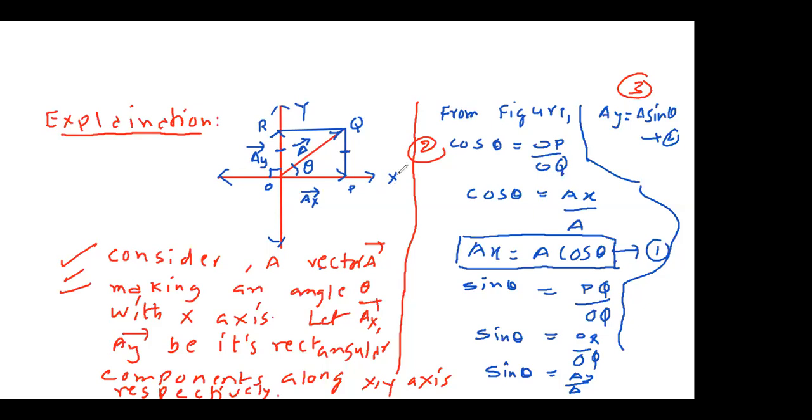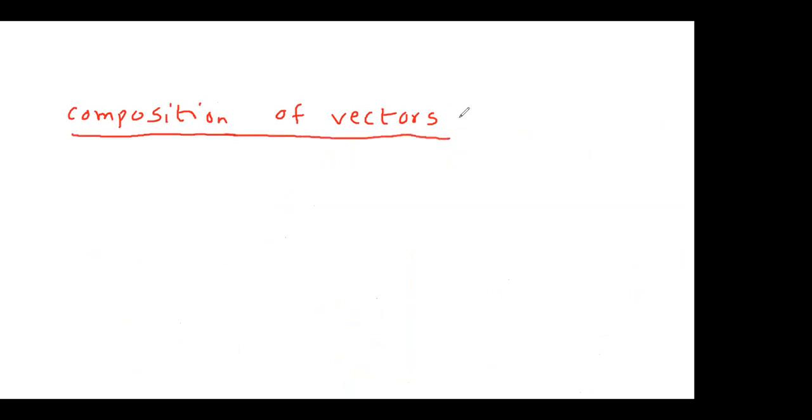Using equation 1 and 2, we can determine rectangular components of the given vector.